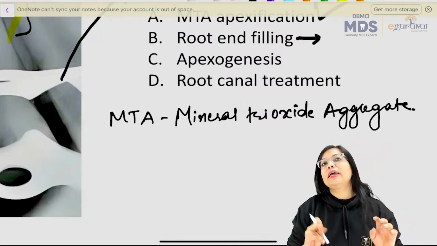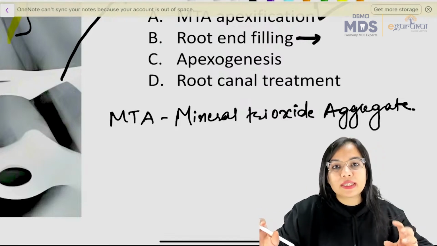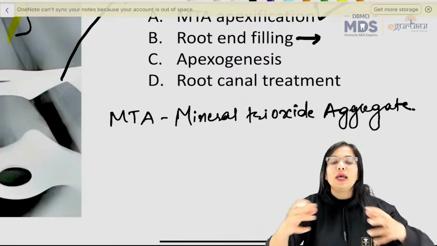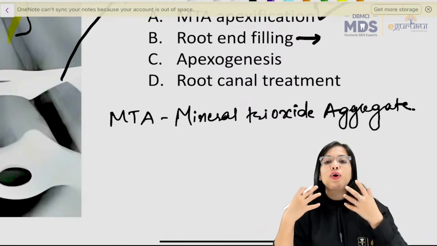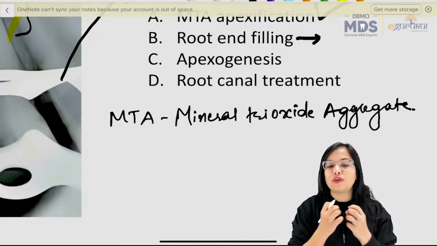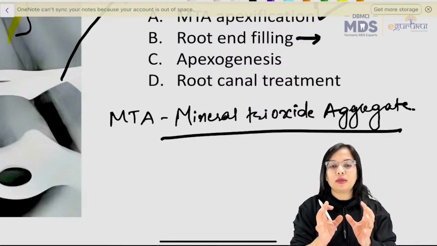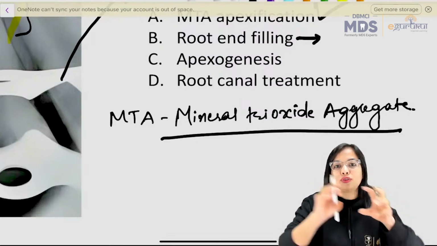While the other materials that have calcium hydroxide as the component will induce odontoblasts from the blood cells and the live tissues to form a calcific barrier, MTA is more of a physically setting material that does not disturb the live tissues or odontoblasts.